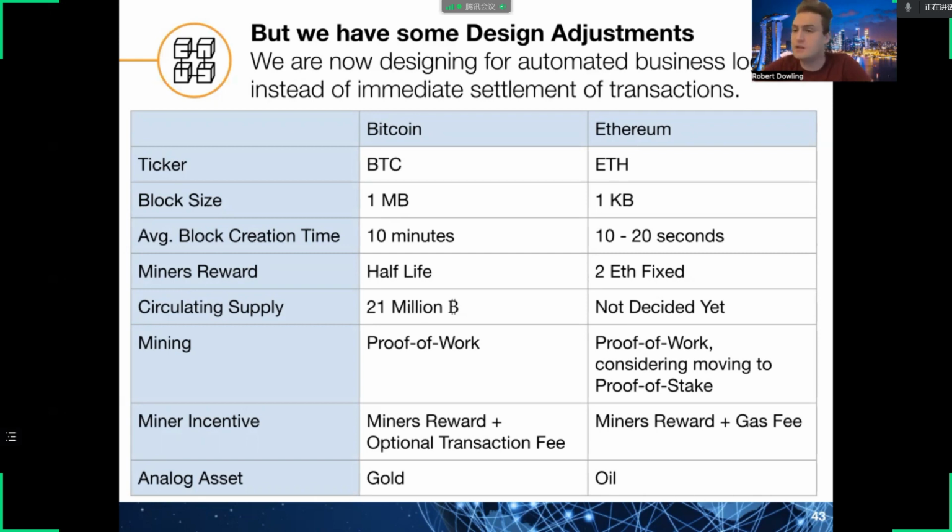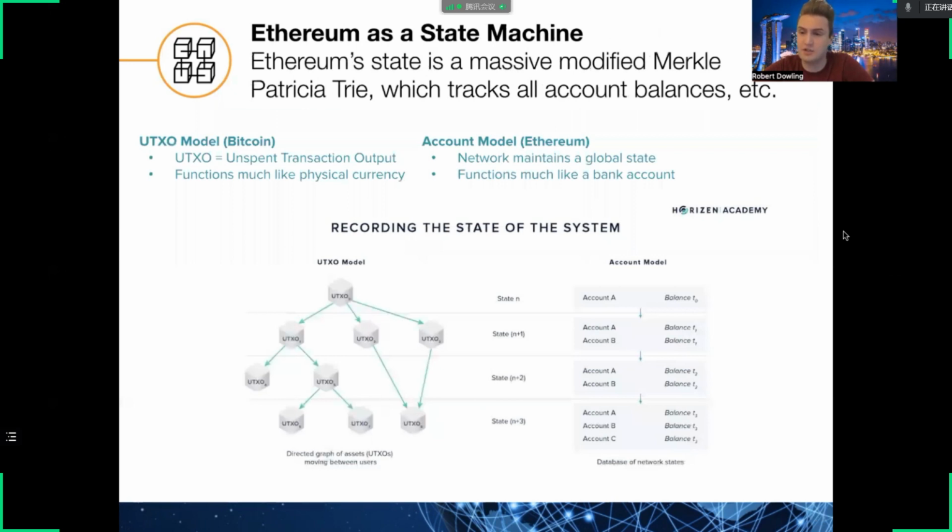And Ethereum was meant to be oil, where Bitcoin is kind of this commodity asset, but Ether is serving as the fuel for all of these smart contracts that have been written, all of this business logic. So more or less, Ether's supposed to be like digital oil, and you pay a gas fee to have the smart contracts executed.